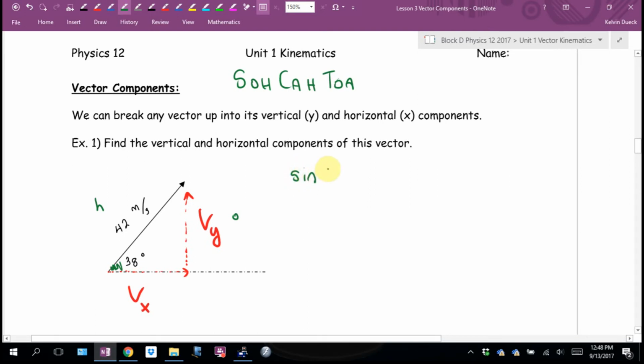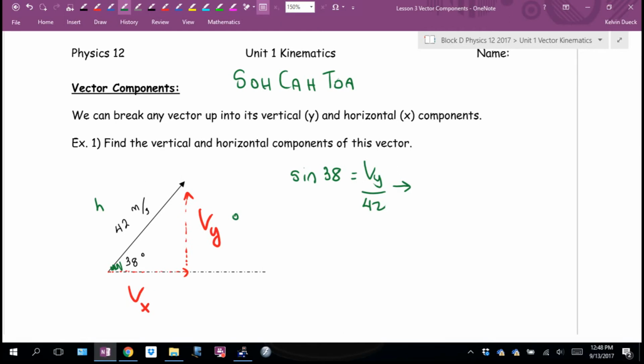What always goes next to the trig function? The angle, which I do know this time. Yeah, 38. And that equals Vy over 42. How would I get the Vy by itself? Multiply over the 42. I don't want to rewrite this whole thing.